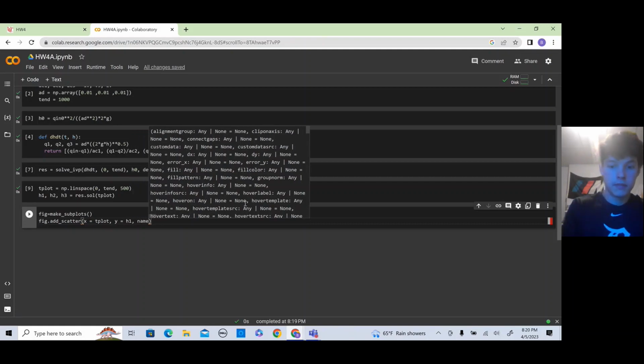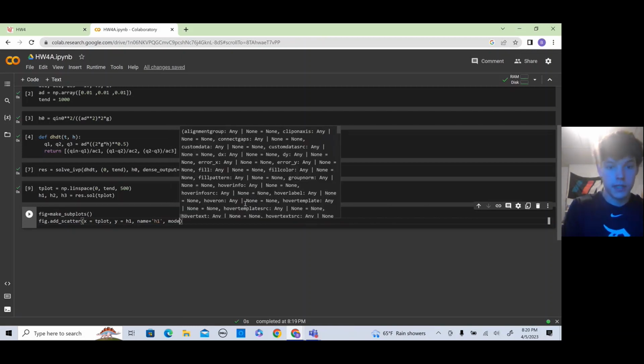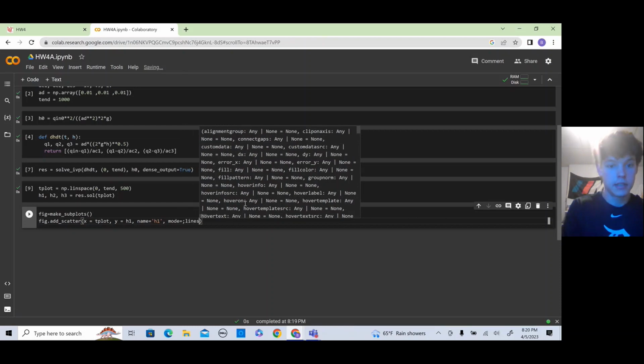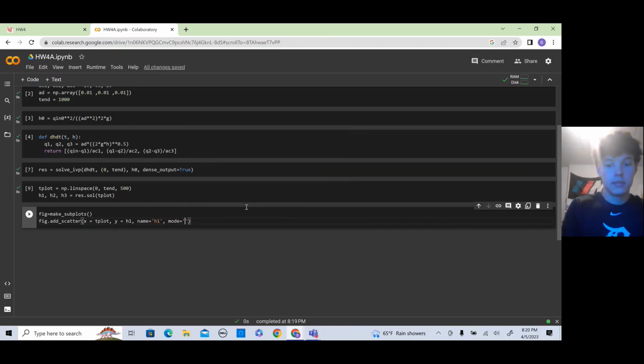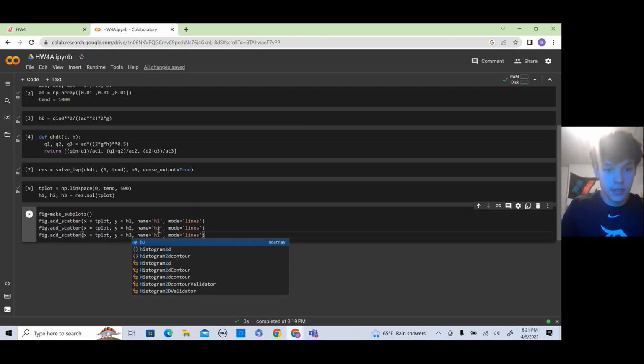Our name will be h1, and the mode for this will be lines. And this should be the same for pretty much all of them. So just change this down and change out the numbers where they need to be changed: 1, 2, 3.